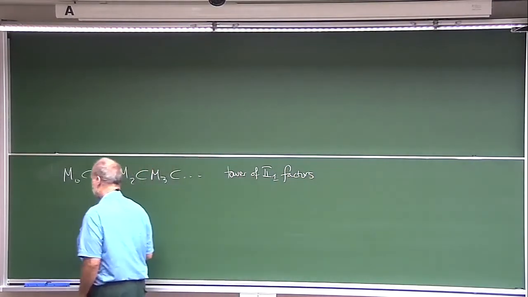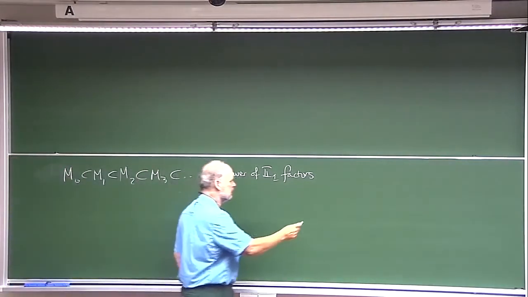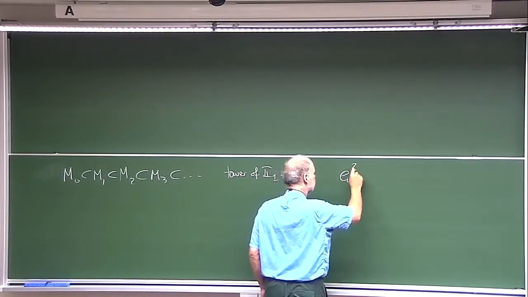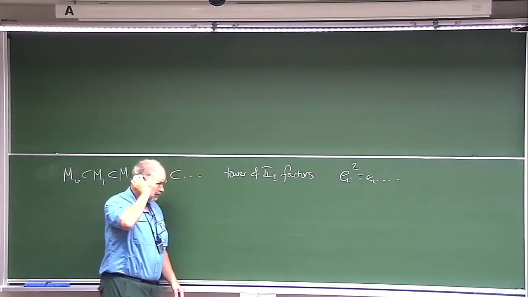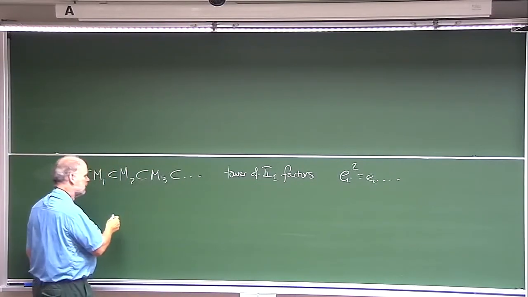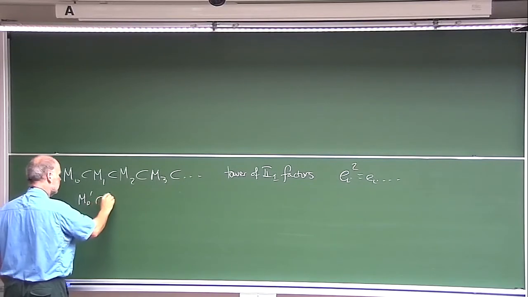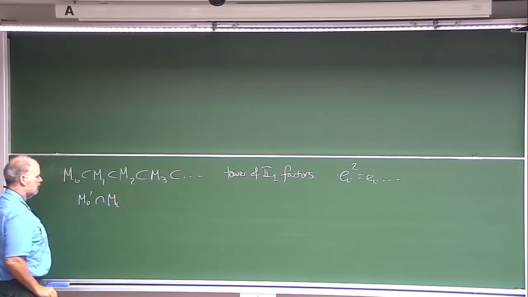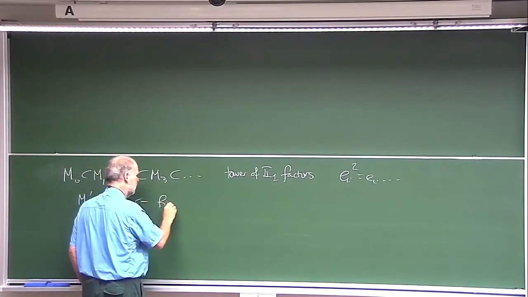And in there we saw these famous Temperley-Lieb algebras given by these projections e_i. And then we decided that that was only part of the story, that we should actually start looking at the centralizer tower, M0 prime intersect Mi, and this is finite dimensional.